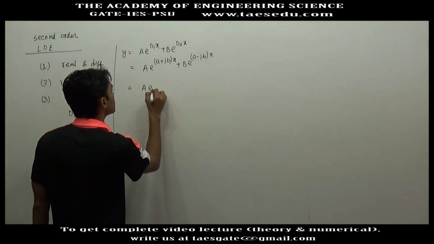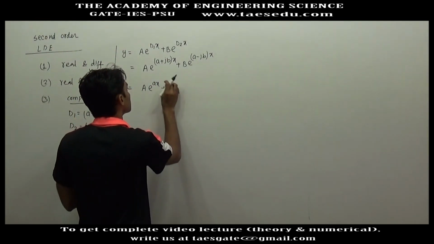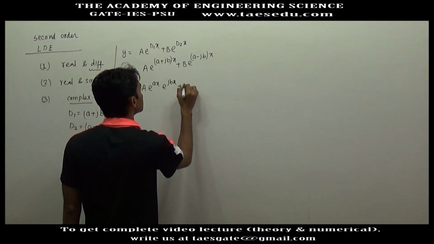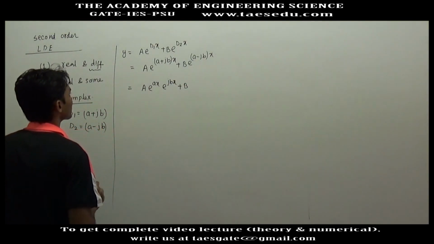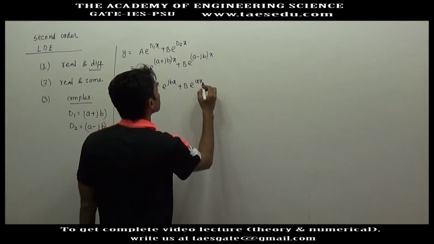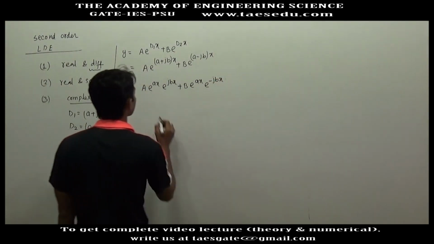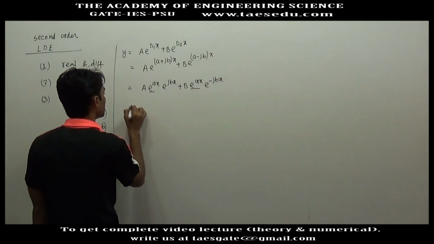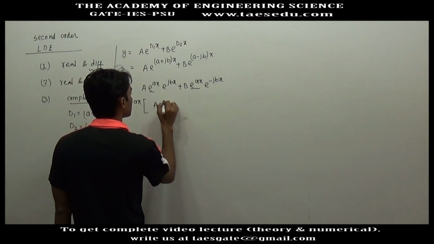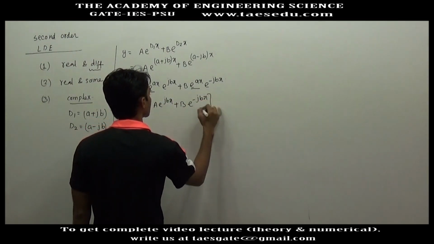This is a into e to power ax into e to power jbx plus b into e to power ax into e to power minus jbx. So e to power ax can be taken common. Here we will have a e to power jbx plus b e to power minus jbx.